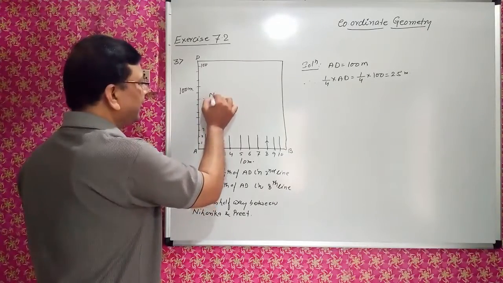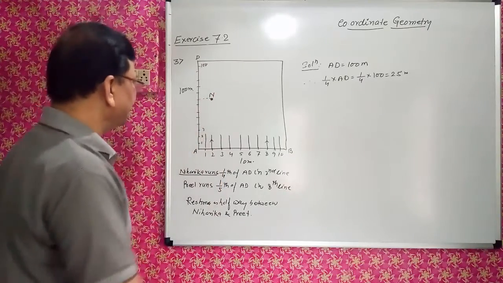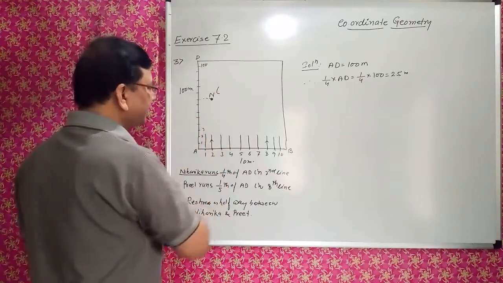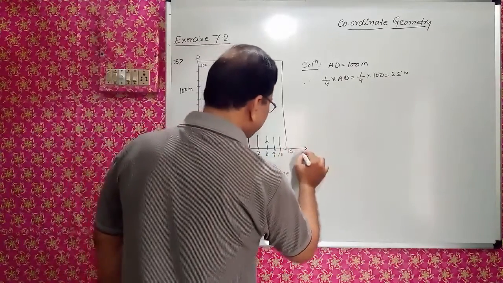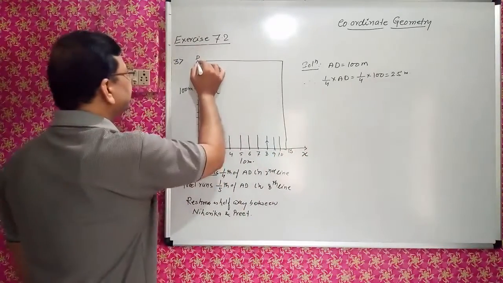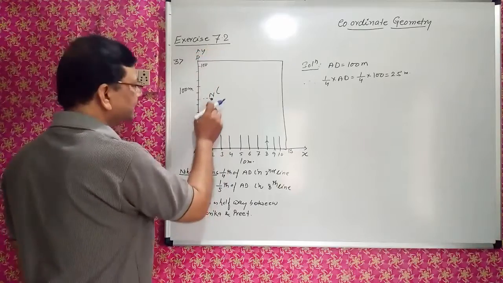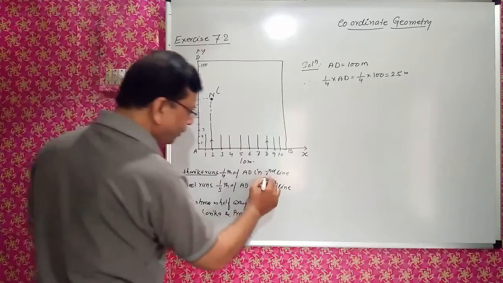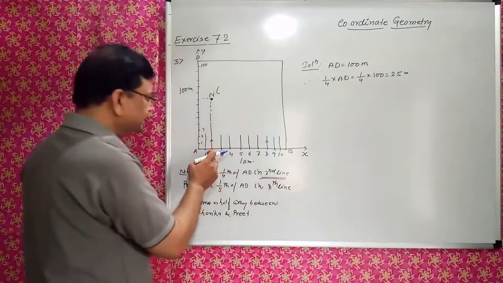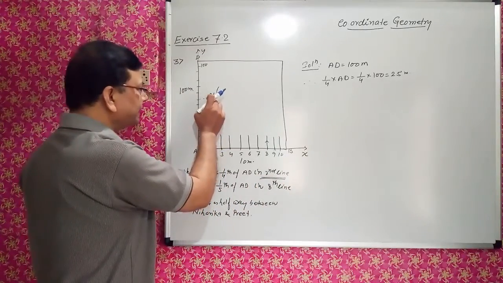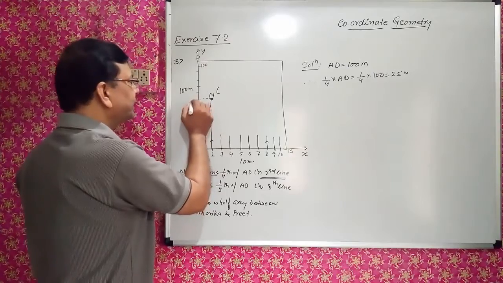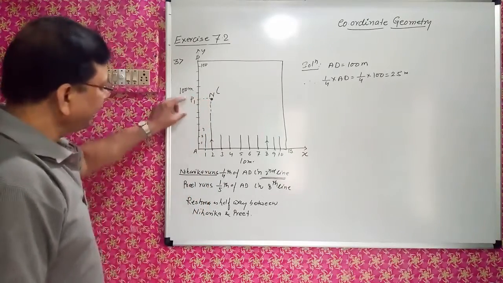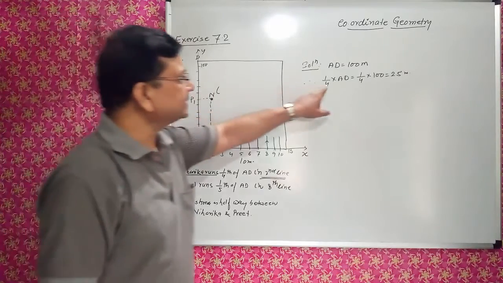Niharika is here, and if I consider this as the x-axis and this as the y-axis, then what is the coordinate? She is in the second row, the second line, and she reaches at this point. Suppose this point is P1. So at this point P1, what is the distance?